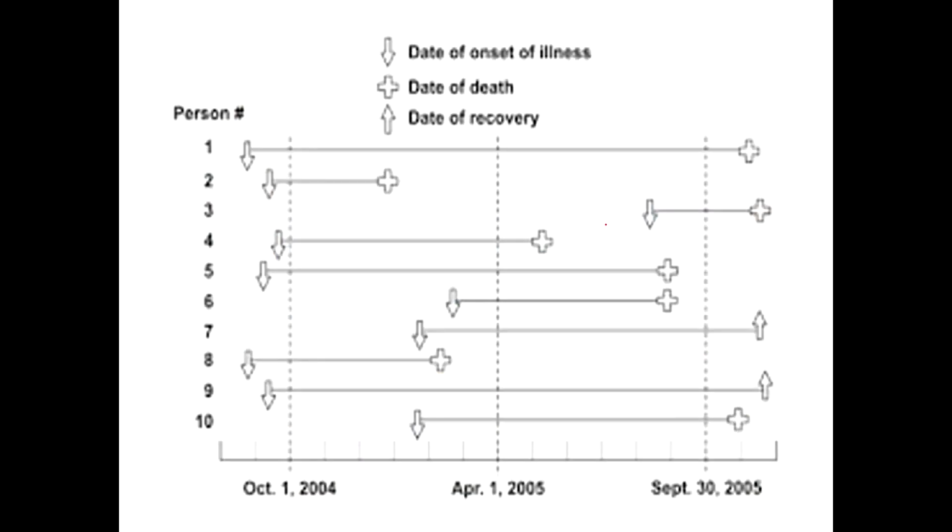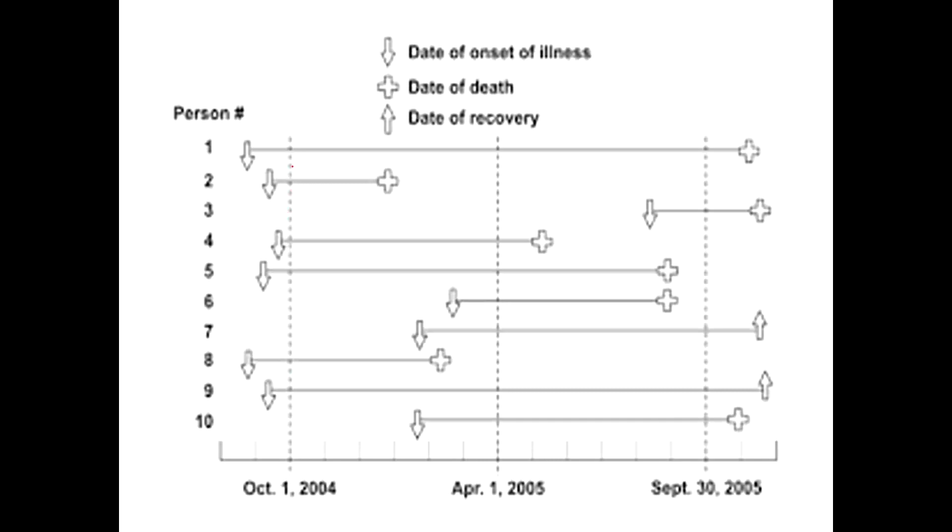This picture has been shown to you repeatedly, and it shows that a researcher started his survey on October 1, 2004. Then he revisited the community and surveyed again on April 1, 2005, and he concluded his research on September 30th, 2005.